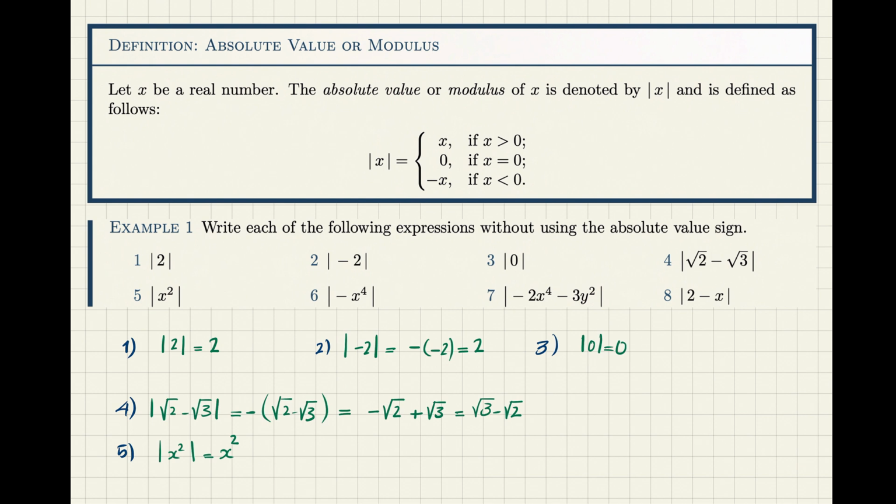Because of this reasoning, we know that this expression is definitely non-positive. So can I remove the pair of absolute value signs? Yes, but the price that I have to pay is to multiply the package by a negative sign. So number 6, if I want to solve that, it becomes minus x to the 4. I remove the pair of absolute value signs, but because this is negative, I multiply it by a negative sign. The answer would be x to the power of 4.